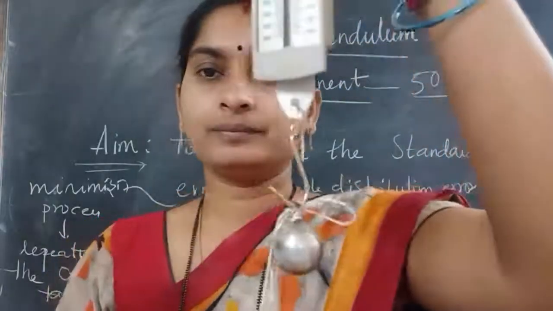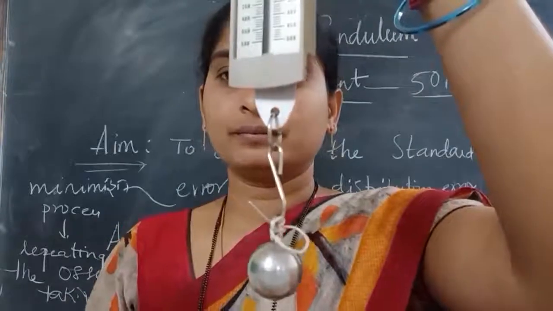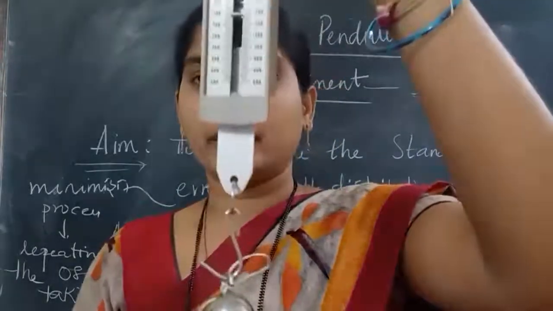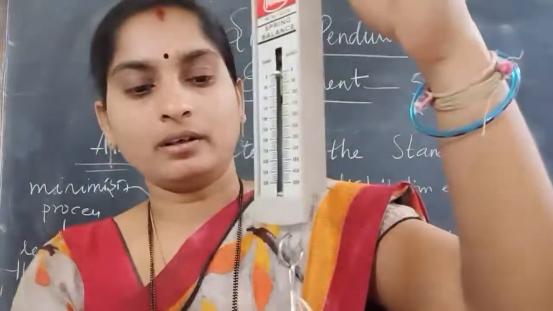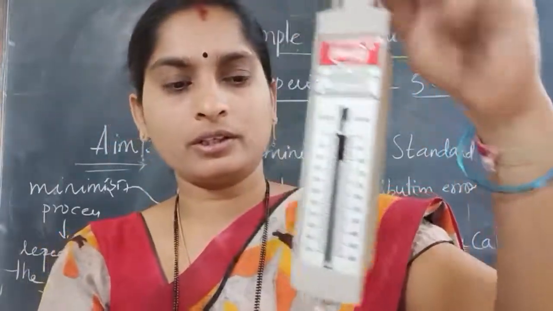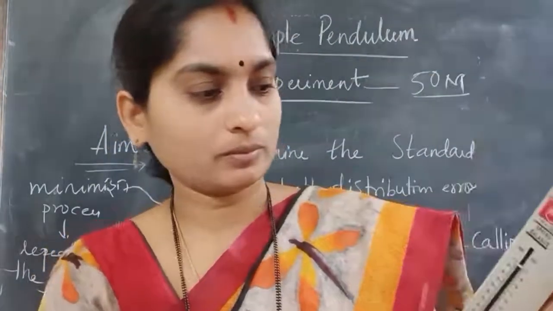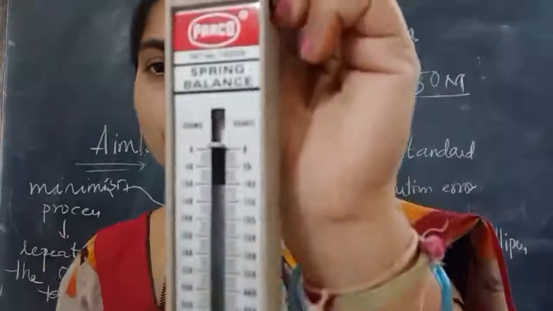See here. Okay, I have attached the weight to the hook. If it is not there, it shows 0. The line goes to 0. You can see here.